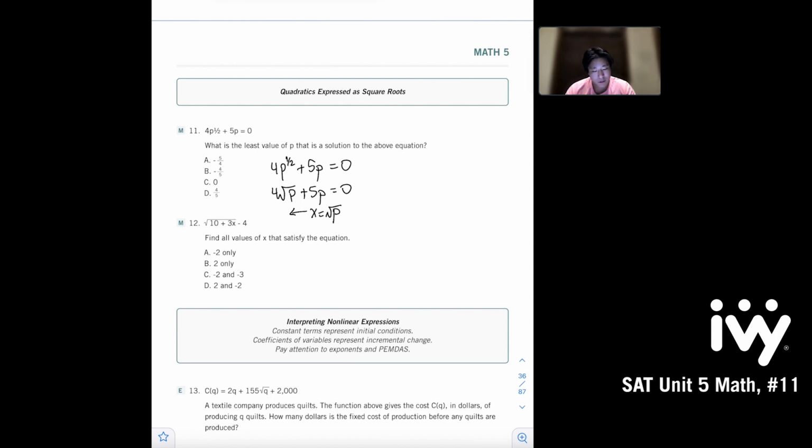So now our equation becomes 4x plus 5x squared equals 0, which is a little bit easier to solve. So what we want to do is factor out an x. So we have x times 4 plus 5x equals 0. And now setting our solutions to 0, we have x equals 0 and 4 plus 5x equals 0, which leaves us with an answer of negative 4/5. B is our answer choice.